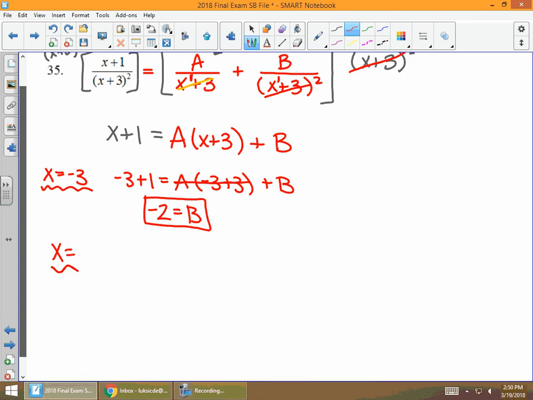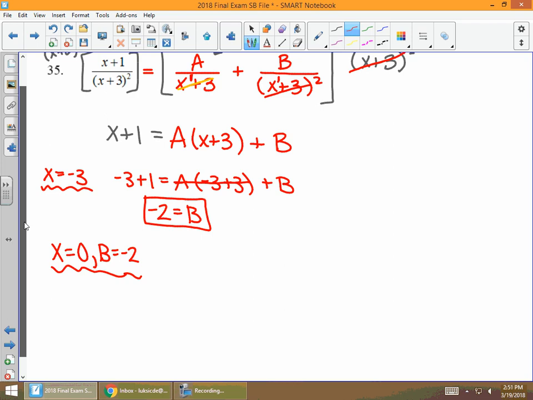Now it's not obvious what our next convenient x is, but we know b is negative 2, and I'm just going to use x as 0 because that's easy. I'm going to plug in that b is negative 2 as well, and then we'll just have one variable, the a. So sometimes you have to use that value you just found if you're running out of scenarios where you could zero things out.